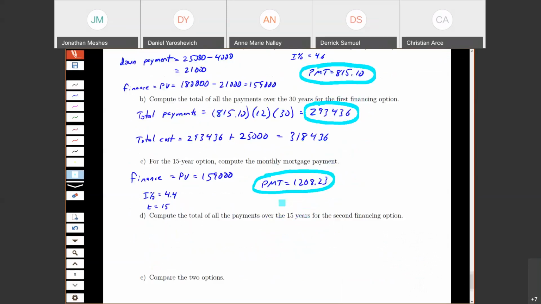Okay. So if I compute the total payments, I'm going to take my $1,208.23, pay that 12 times a year for 15 years, and we get a total of $217,481.40.